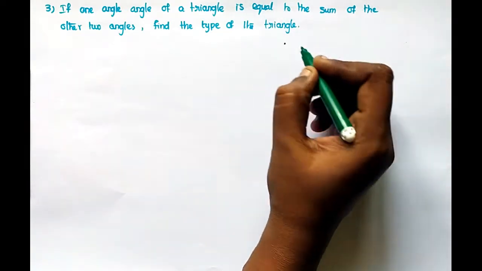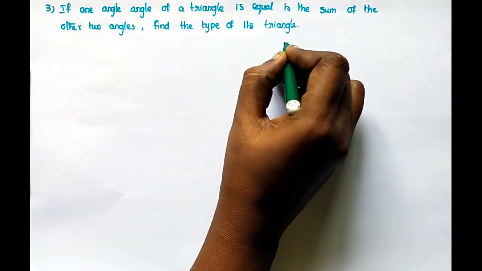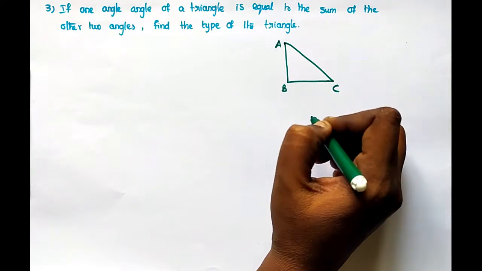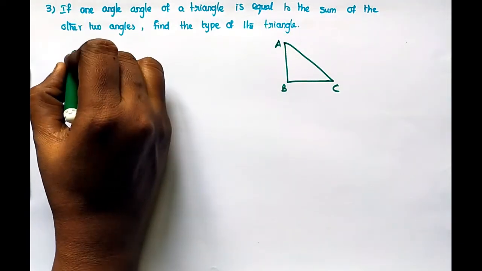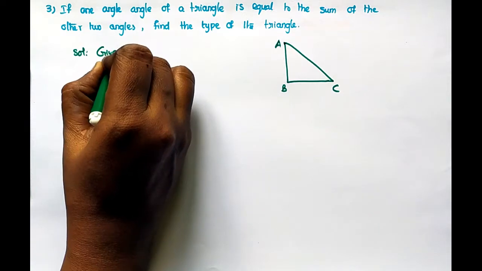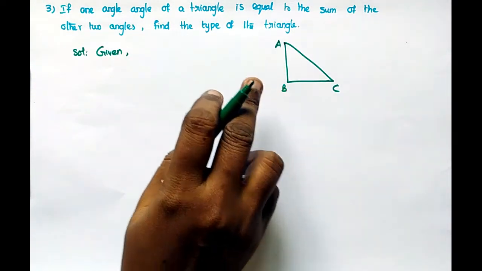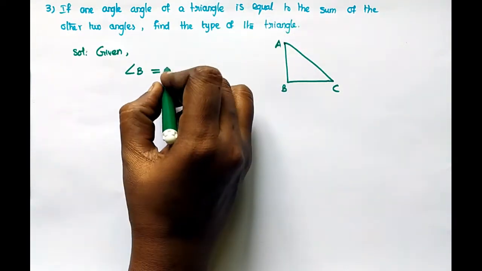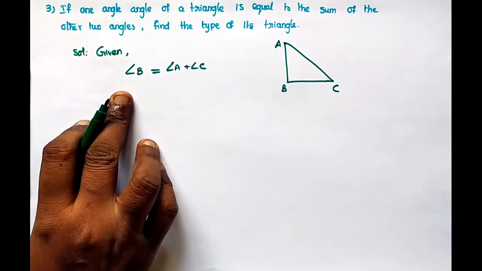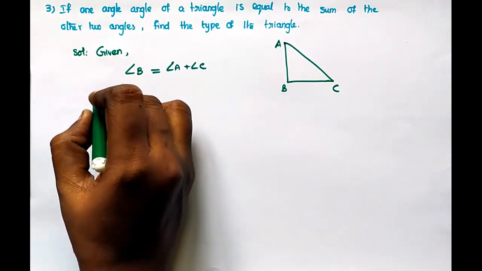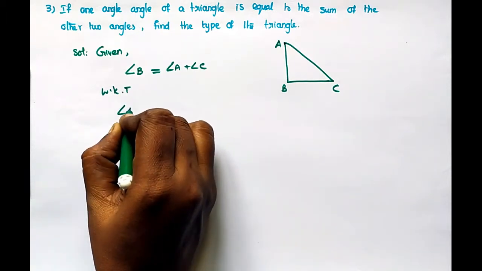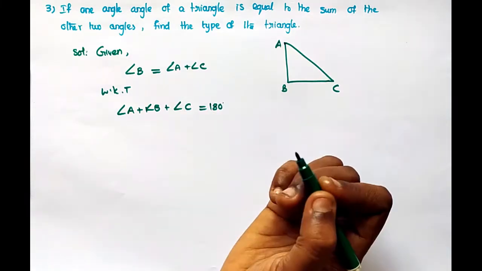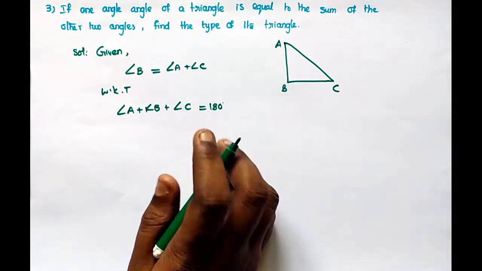Listen, for example, in triangle ABC, given one angle equal to the sum of the other angles, angle B equals angle A plus C. We know that angle A plus angle B plus angle C equals 180 degrees, because the sum of the three angles of a triangle is 180 degrees.